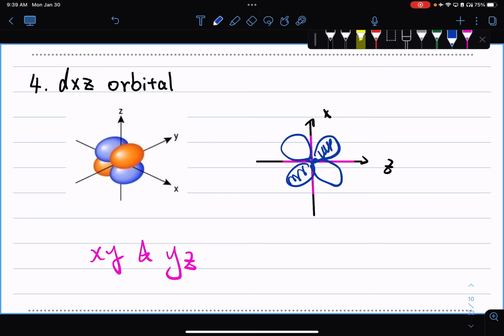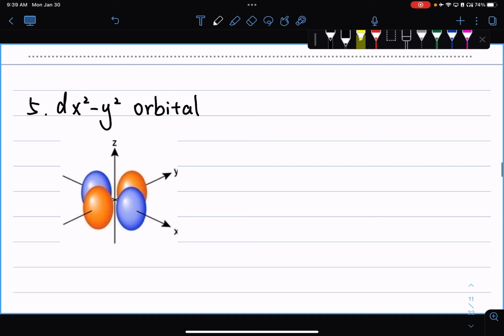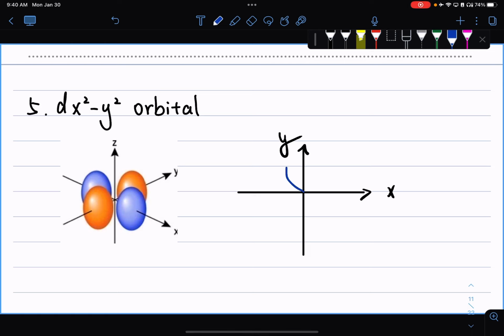And at the very end, we have our dx squared minus y squared. So this one is again on the x and y plane. The only difference is now, instead of having it in the empty area, it actually aligns along the axis. And the angular nodes go diagonal here.